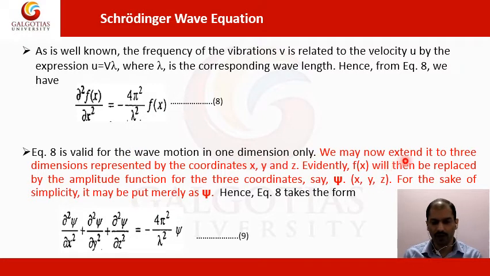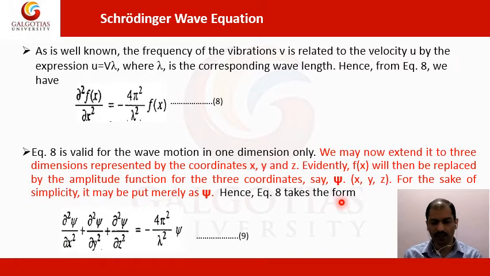We may now extend it to three dimensions, represented by the coordinates x, y and z. Evidently, f(x) will then be replaced by the amplitude function for the three coordinates, represented by a wave function psi in x, y, z. For the sake of simplicity it may be put merely as psi.